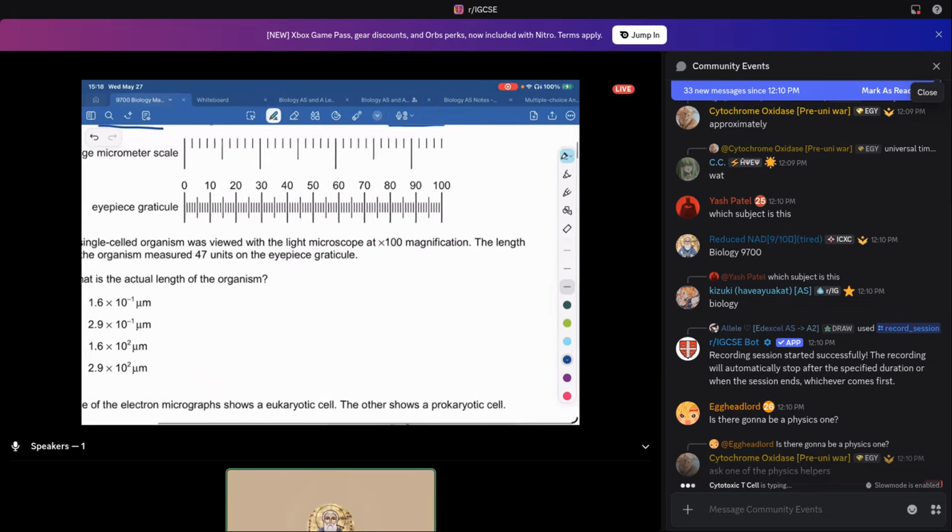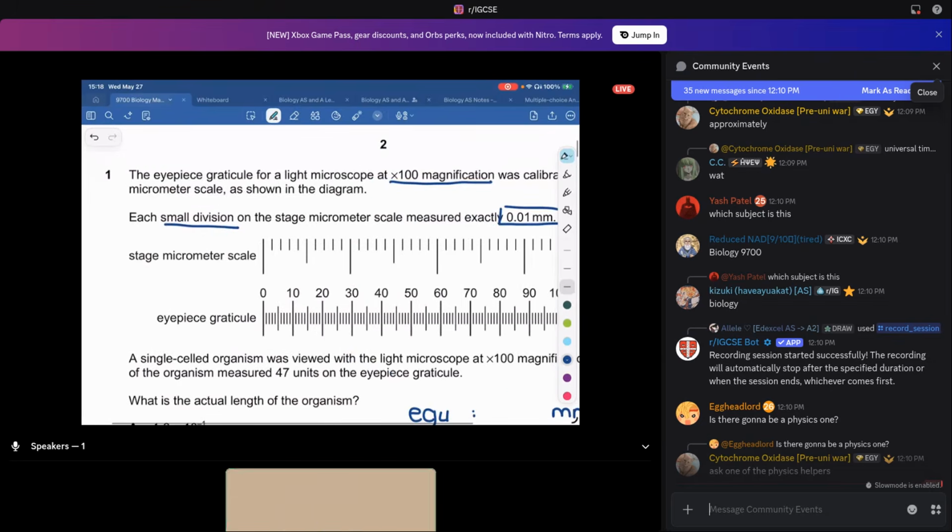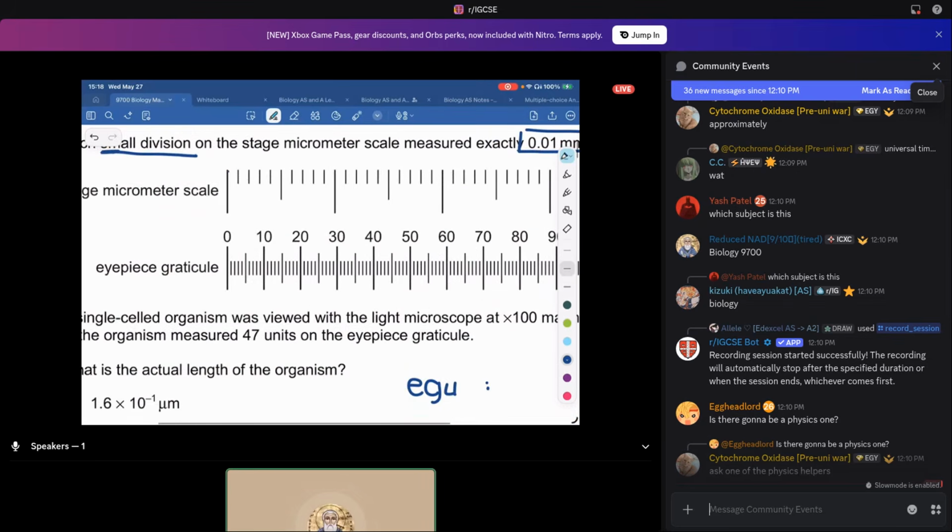Now, while working here, we always work by cross multiplication. How many eyepiece graticule units are to how many millimeters or micrometers? So let's first start. We know that each small division, every one of these, is 0.01 millimeters. I'm going to get a ruler and draw a straight line here. Oh, I see that it doesn't line up perfectly, so I don't use it.